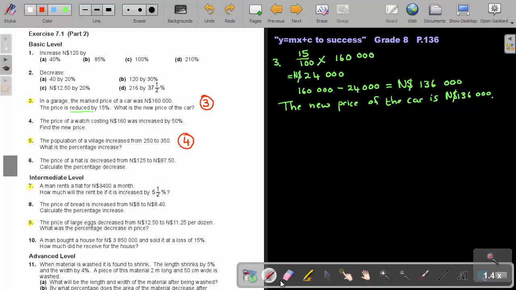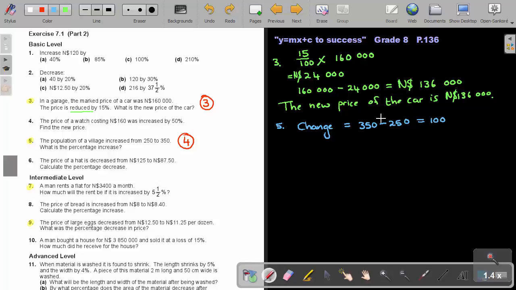So let's do that. That's number 5. First we're going to find the change, or you can say the difference, it doesn't matter. I'm going to take the big one and subtract the small one, and I will get an answer of 100.